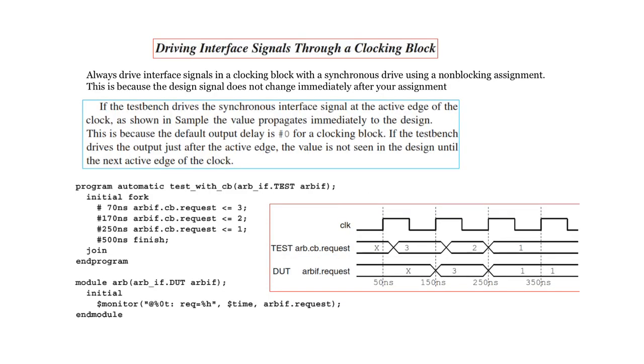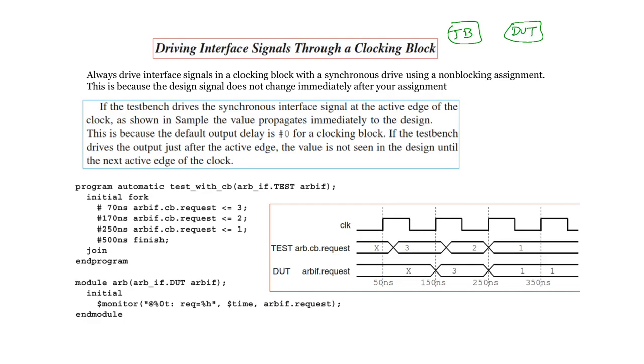So now we are going to drive the interface signals through a clocking block, driving the signals from test bench outputs to DUT inputs. Here the situation is that you have a test bench and you are driving the DUT.